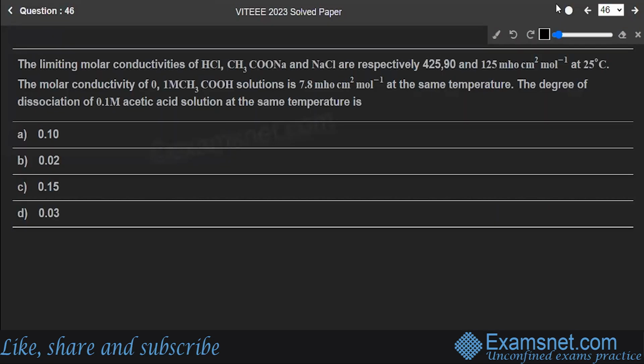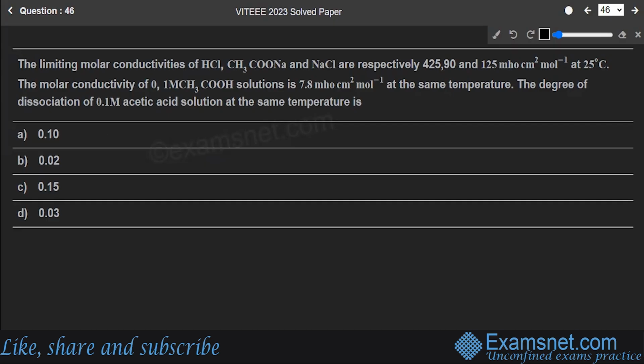Question number 46, the limiting molar conductivities of HCl, CH3COONa, NaCl are respectively 440, 425, 90, and 125 at 25 degrees Celsius. The molar conductivity of 0.1 M acetic acid solution is this at the same temperature. Degree of dissociation of 0.1 M acetic acid solution at the same temperature is.